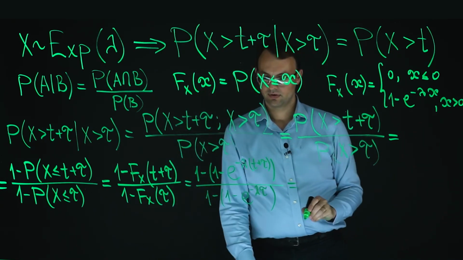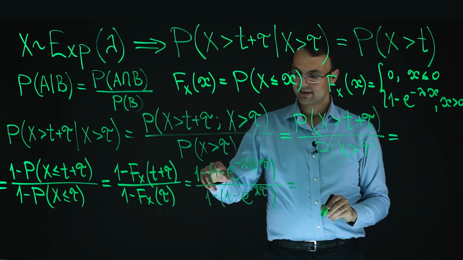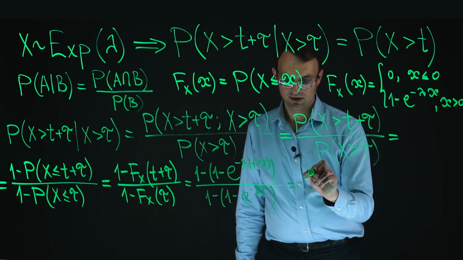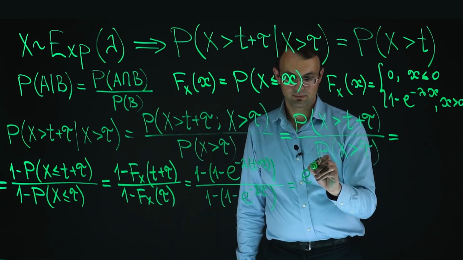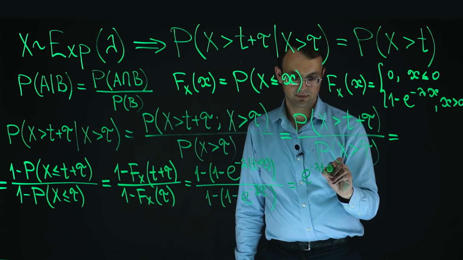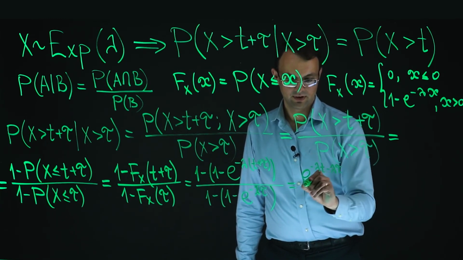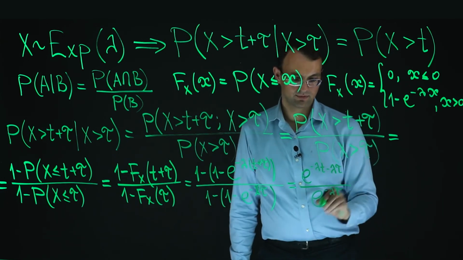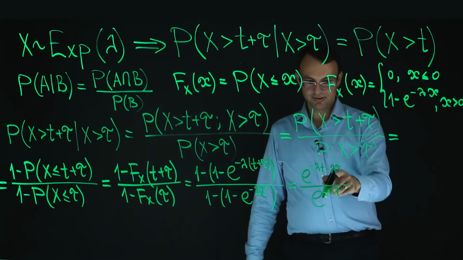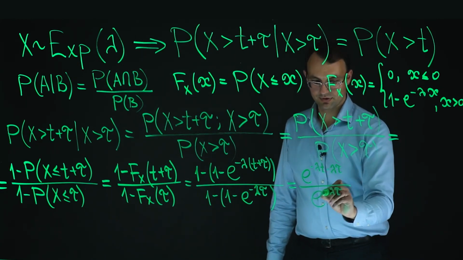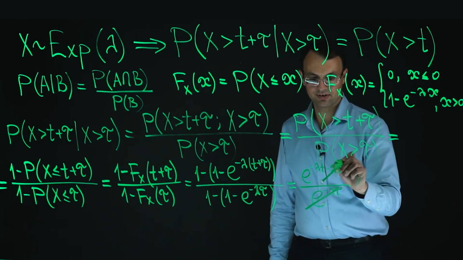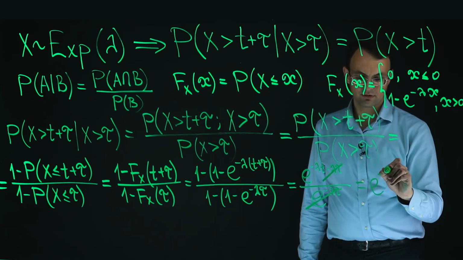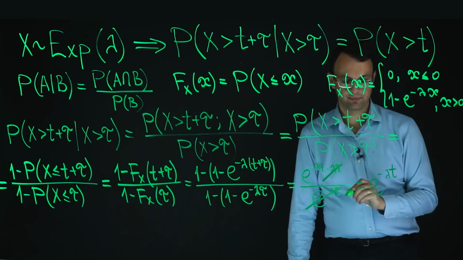So these ones are cancelled, and here I have e to the power of minus lambda t minus lambda tau, and here e to the power of minus lambda tau. And so this is cancelled with this, and what is left is just e to the power of minus lambda t.